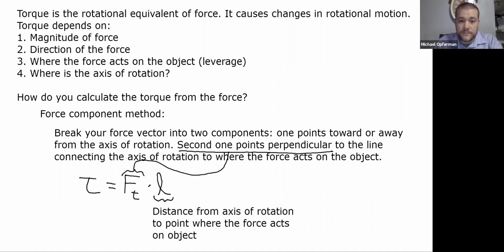So in other words, you need to see where the force is acting on the object, see where the axis of rotation is located. So in this case here, the axis of rotation is here. The force is acting over here. So L is the distance here between the axis of rotation on one end and the point where the force acts on the other end. And then you take the force component that's perpendicular to that line.